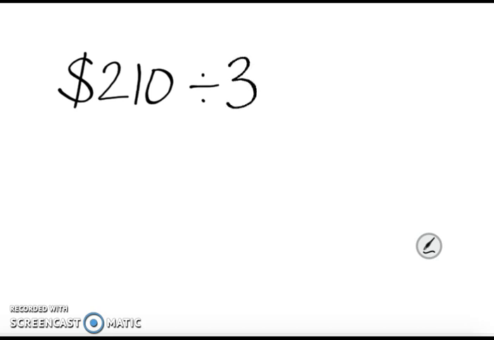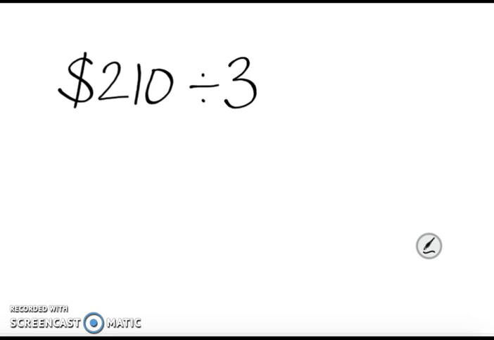Now let's do a little bit of a harder one. I'm going to give you $210, and we're going to divide it by 3. Okay. Think, we have 3 people that are going to get $210 equally split. Okay?